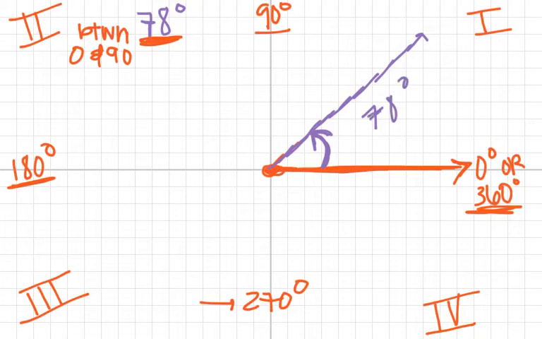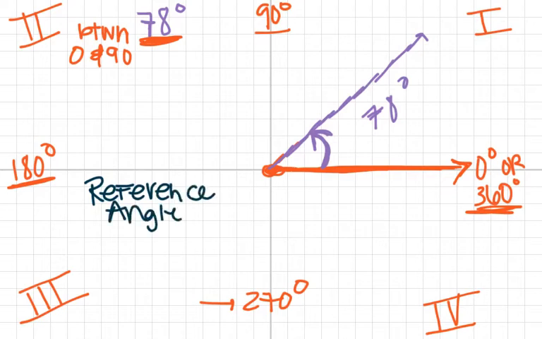Now, since we are talking about reference angles, if we really want to talk about what is the reference angle, okay? If we go back to the definition, it's always the angle with this terminal side connected to the x-axis here. So we're basically looking at this angle here, right?